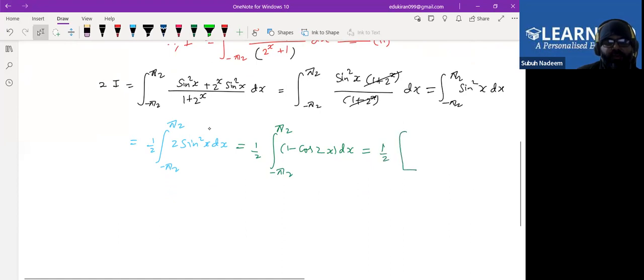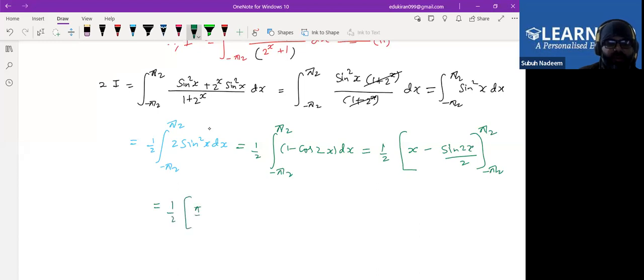So 1 by 2, integral of 1 dx is x and cos 2x integral is sine 2x by 2, from minus pi by 2 to pi by 2. So half of pi by 2 minus minus pi by 2 and then minus half of sine 2 pi by 2 minus sine 2 minus pi by 2. So what we get here is 2 cancels, 2 cancels.